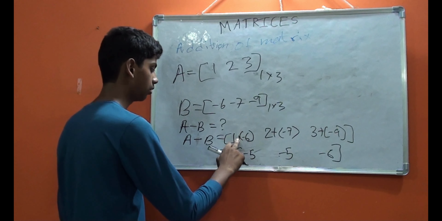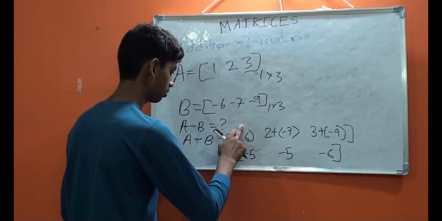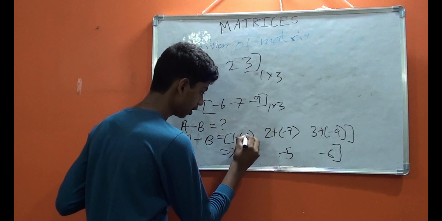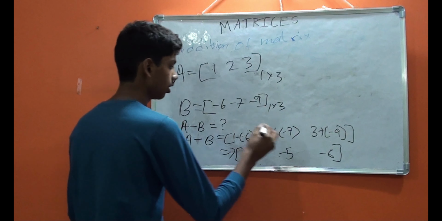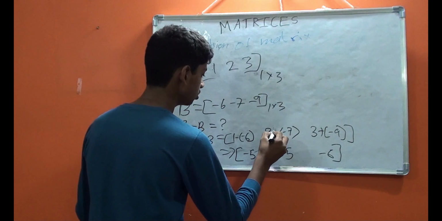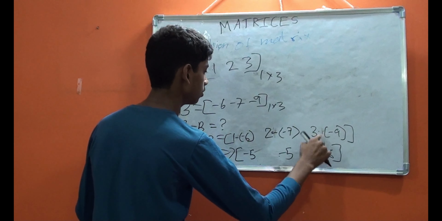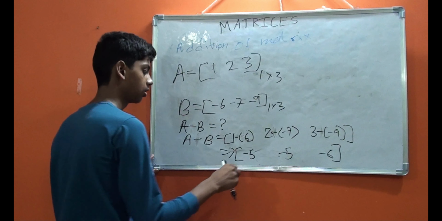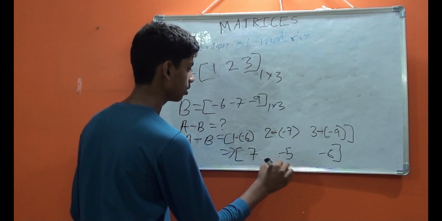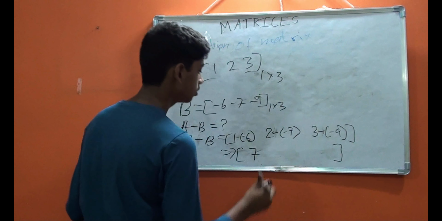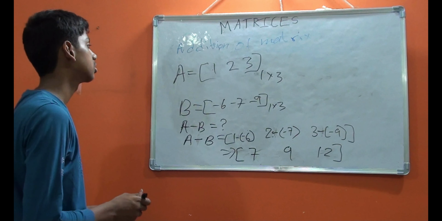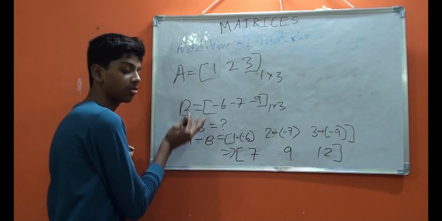So here we get minus of -6, minus of -7, minus of -9. Then the answer would be 7, 9, 12. So this is the process how we can subtract these matrices.